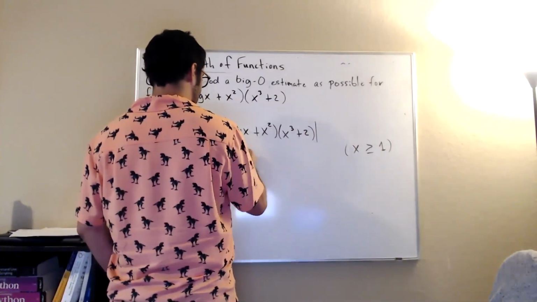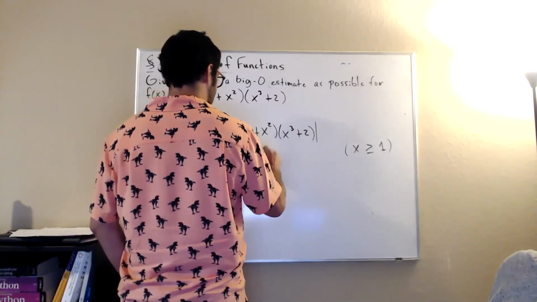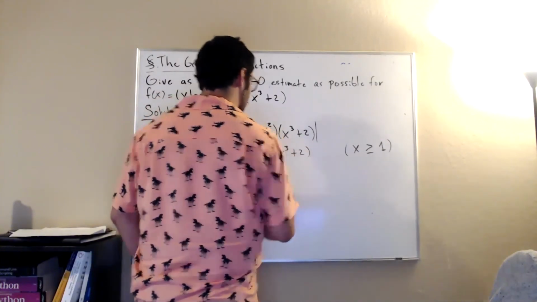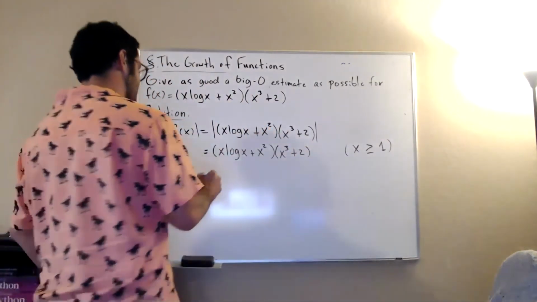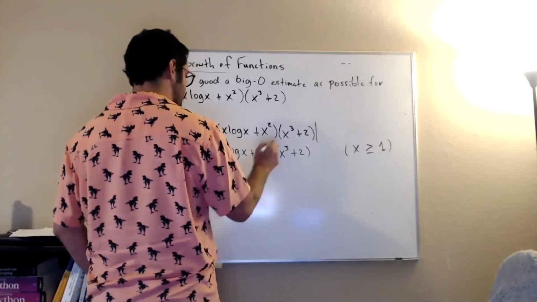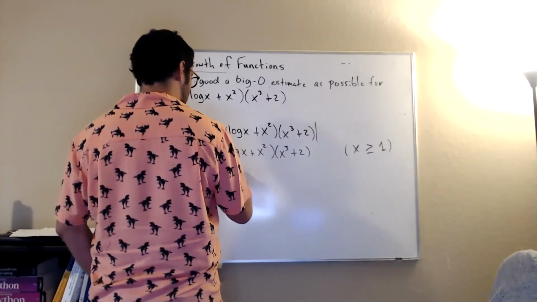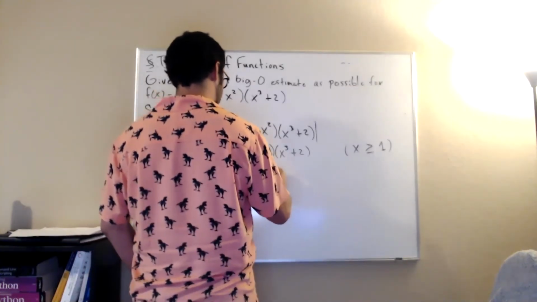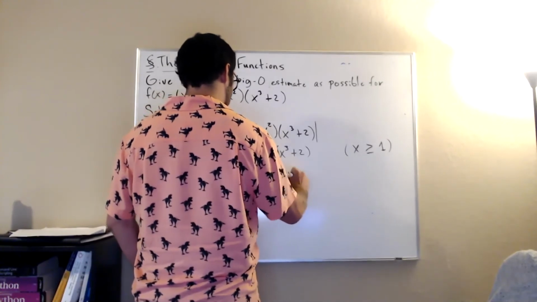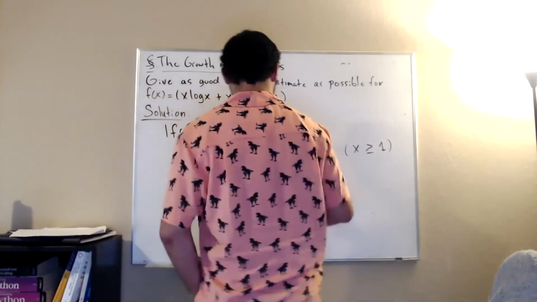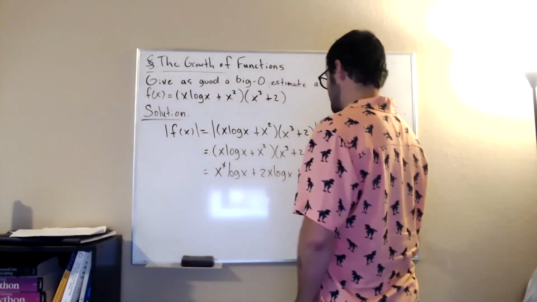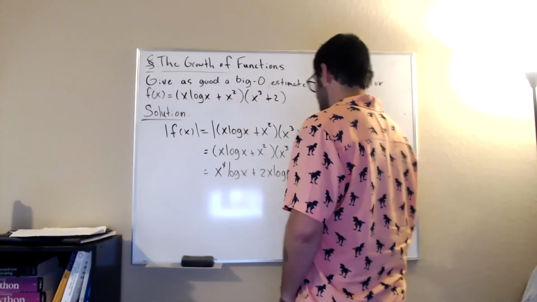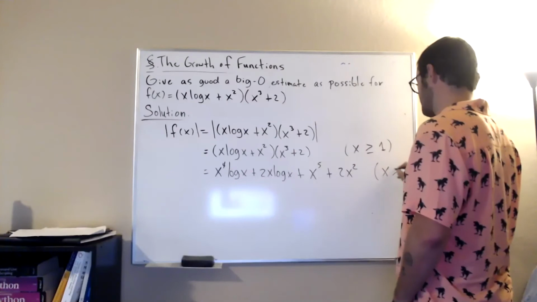So x log x plus x squared times x cubed plus 2. And now you can just do a little bit of algebra here and get that this is x to the power 4 times log x plus 2x log x plus x to the power 5 plus 2x squared. And again, we're assuming that x is greater than or equal to 1.